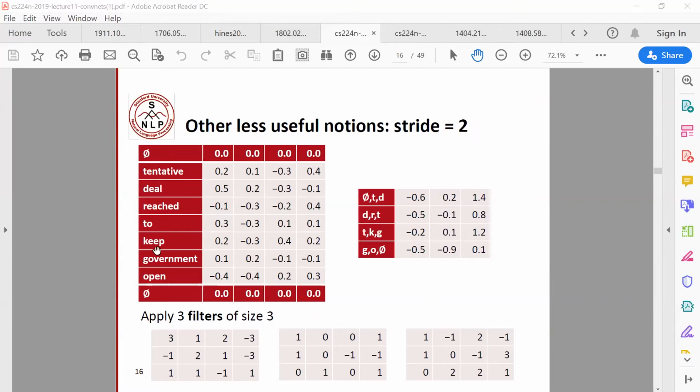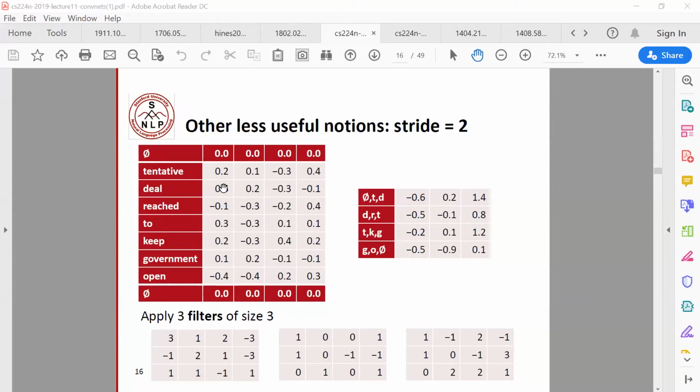Anyway, since I can't draw it, the first convolution is going to overlap those 3 elements. Instead of moving it down so that it now overlaps tentative deal reached, we're going to move down by 2 steps instead of 1. So now the 3 elements in the convolution filter are going to overlap deal reached 2. That's what he means by DRT.